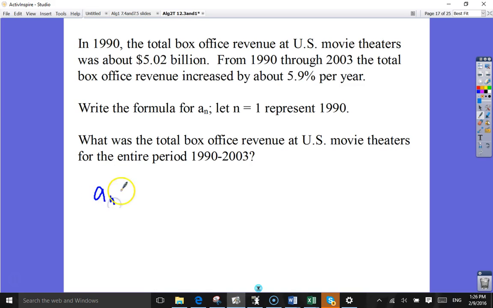AN equals... what is going to be A1? 5.02, right? They said the first year was 5.02. Now, if it's increasing by 5.9% a year, what does that make the R? No, but you're close.